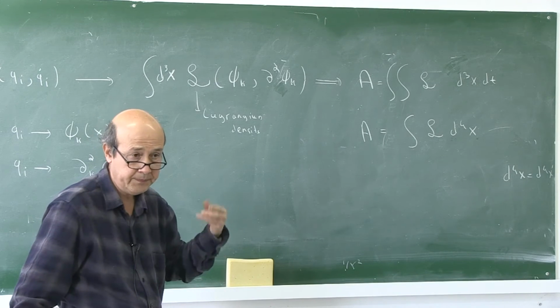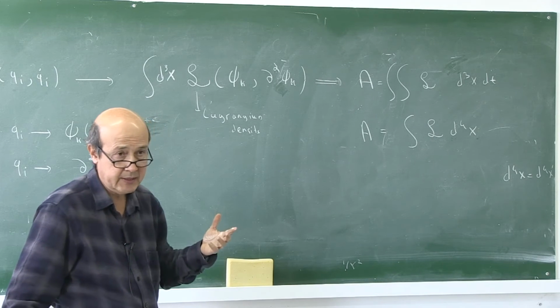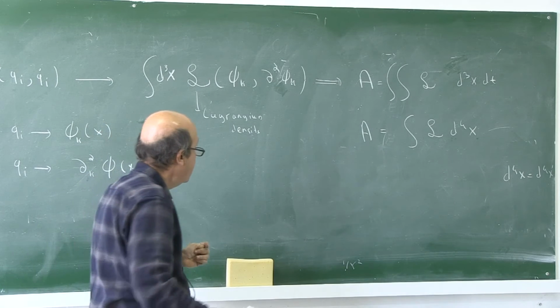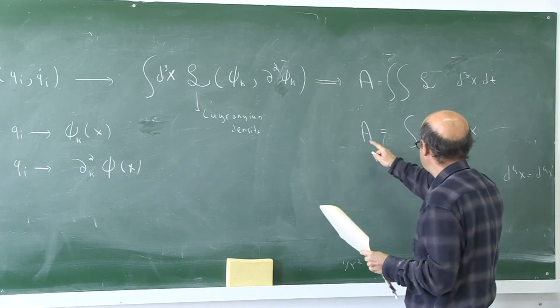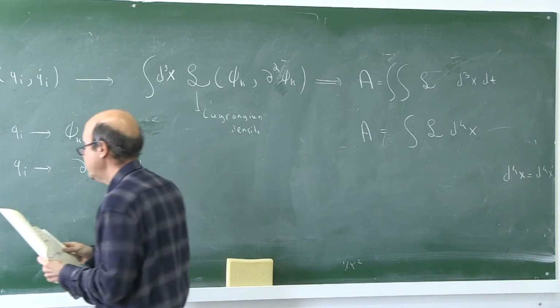Basically, we will set up the Lagrangian density using the what? Scalars. And so this is the action integral. And what is the equation of motion?